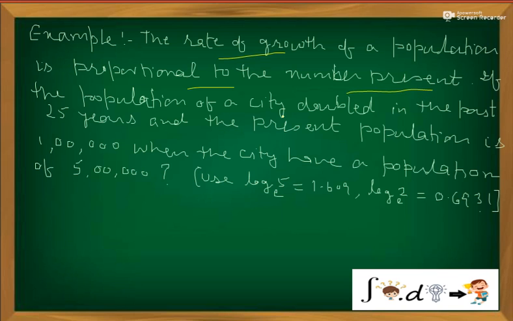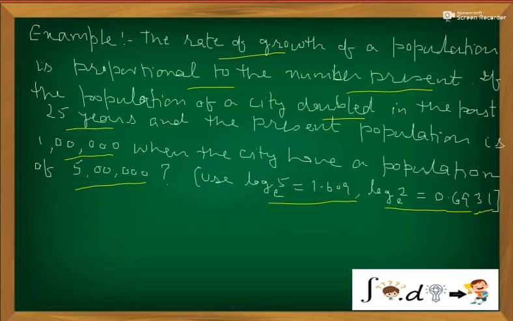If the population of a city doubles in the past 25 years, and the present population is 1 lakh, and when the city will have a population of 5 lakh, we have to use log 5 base e is equal to 1.609, and log 2 base e is equal to 0.6931. We have to use this.